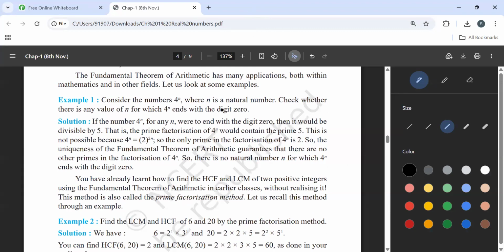Okay. So in your textbook, you can find example 1 in which the question is to consider the number 4 raised to n, where n is a natural number, and check whether there is any value of n for which 4 raised to n ends with the digit 0.